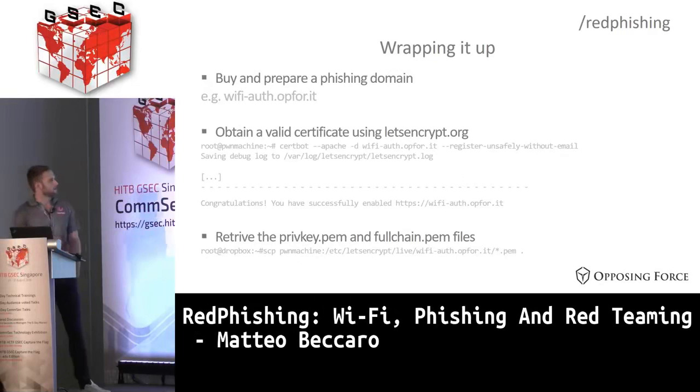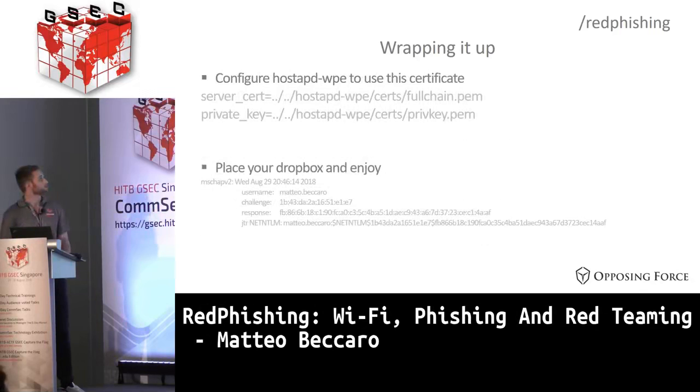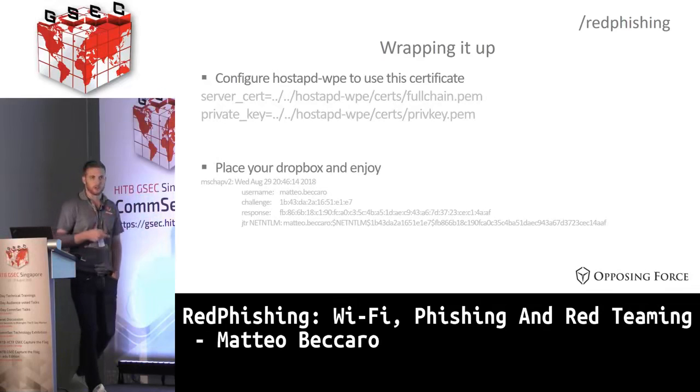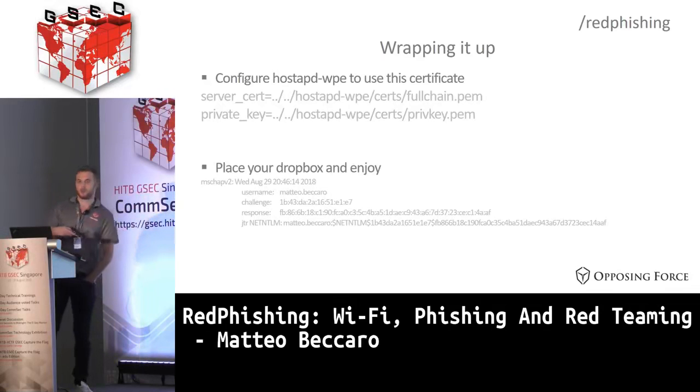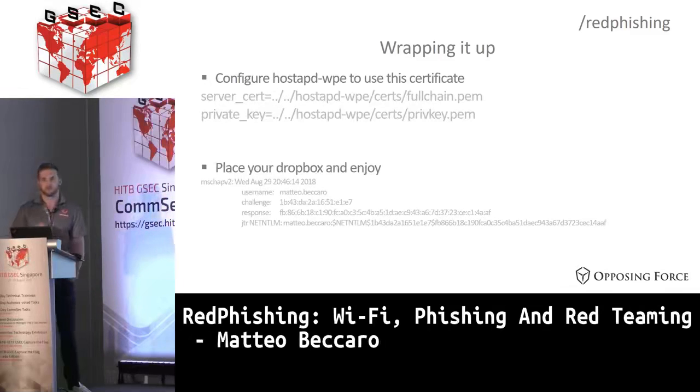We save the certificate on our Dropbox machine, inside the hostapd-wpe directory: the full chain and the private key. These are the two files that we need. And then we can finally get the credentials from the victim. In this way, we can bypass the option that Windows has set to validate the certificate before prompting the user.